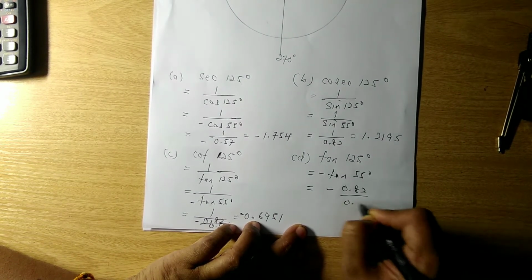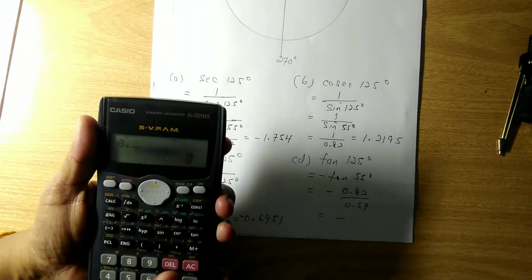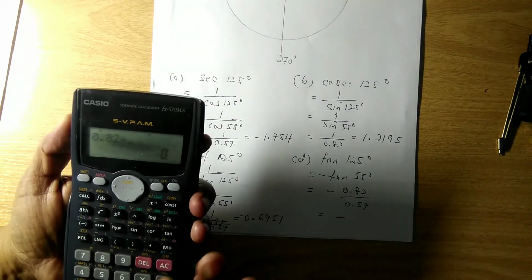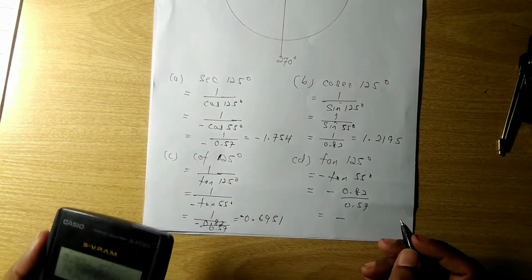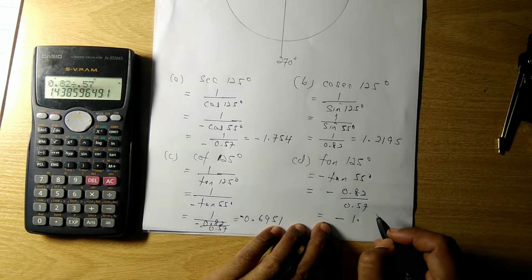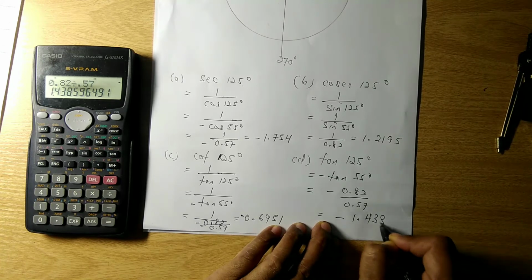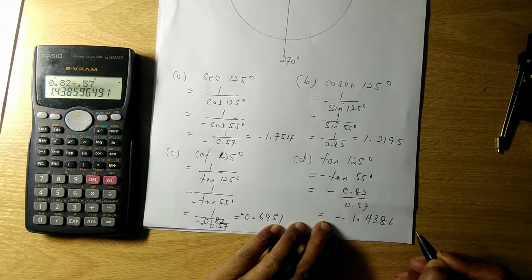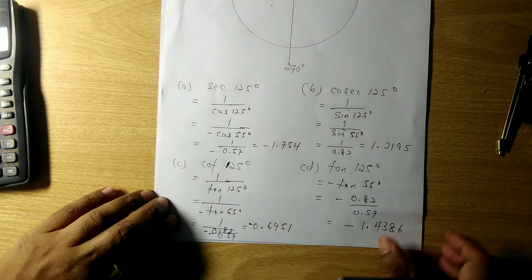So you'll actually get a negative 1.436. Okay, all right. So if it involves this kind of questions, yeah. Okay, just one more.